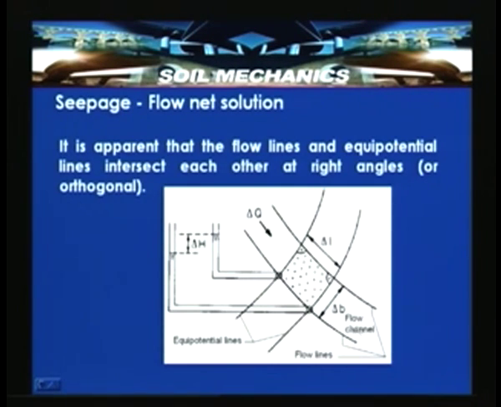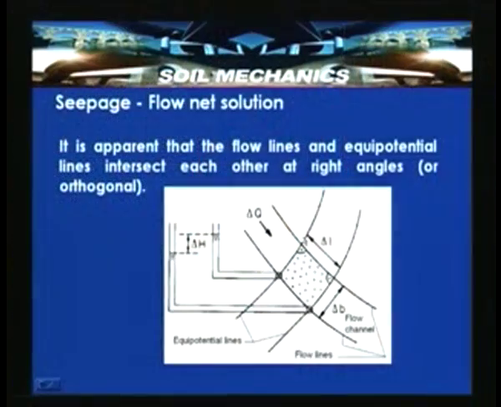So, this is the flow channel which is indicated. Delta Q is the small flow occurring through this flow channel, and delta L is the length over which the flow is taking place, that is the distance between any two equipotential lines. So, if you consider here, this is an equipotential line and this is an equipotential line.